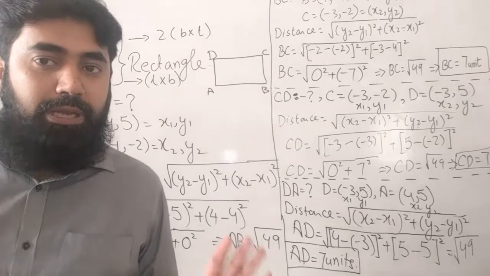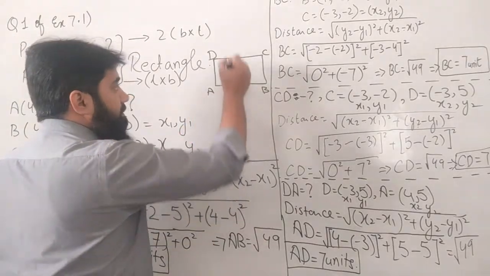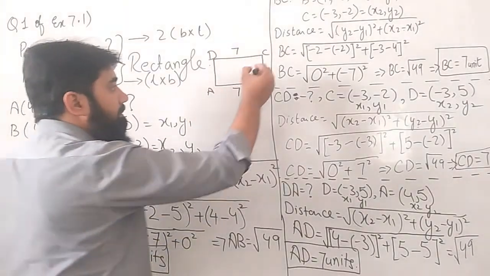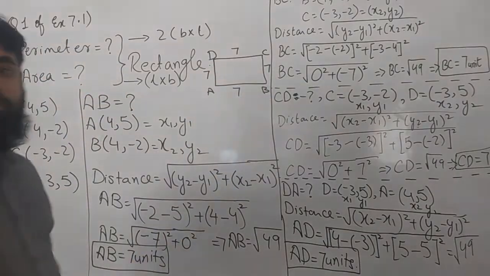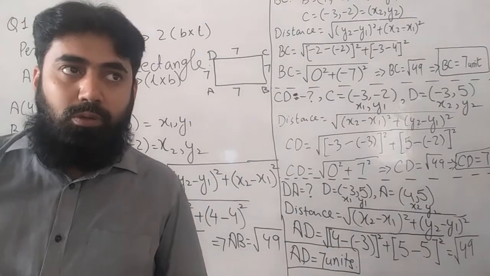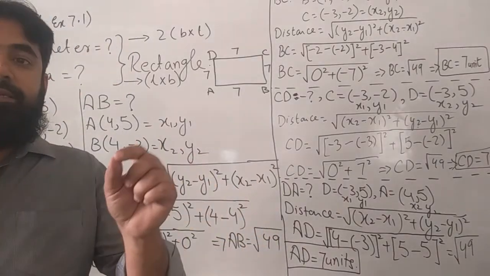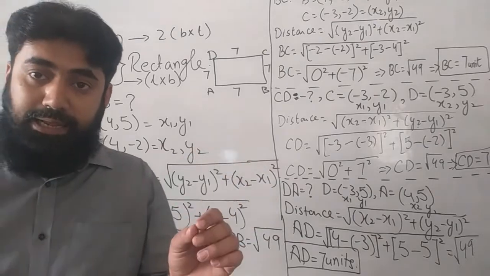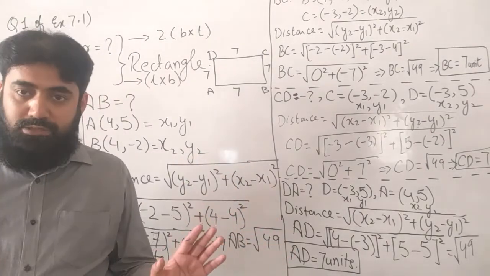Opposite sides should be the same. So 7, 7, they are the same. 7, 7, they are also the same. Okay. So you can say that every square is a rectangle, but every rectangle is not a square.